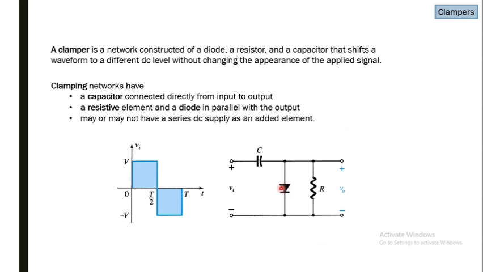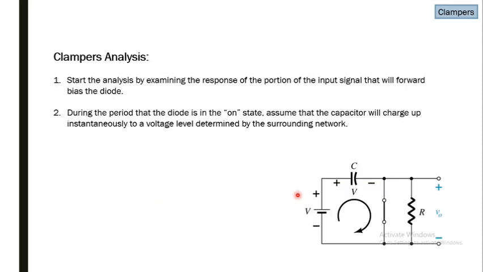In this case, for this positive half cycle, the diode will be conducting and we can replace this diode with a short circuit, like it's appearing in this circuit. So for the positive half cycle of the previous circuit, we have drawn this circuit again with the diode as a short circuit.